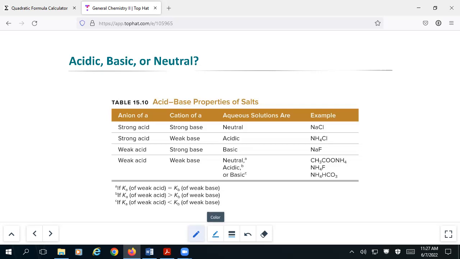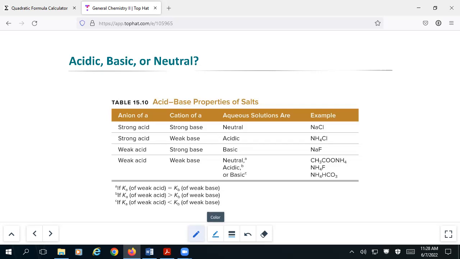If a salt is acidic, it's because of the cation. If a salt is neutral, it's because the 2 species have neutralized each other, basically, or they were never reactive in the first place. But there's an easier way to do this qualitatively. And the way to do it qualitatively is to look at the character itself.